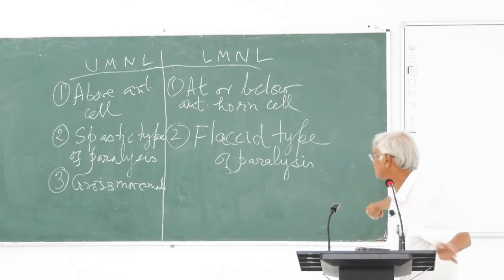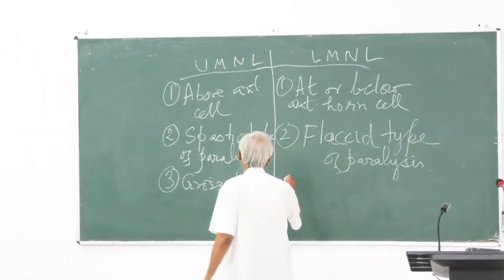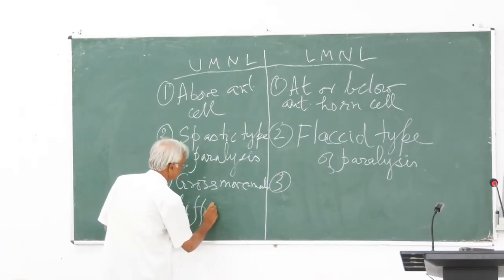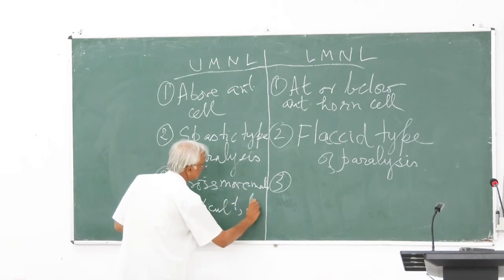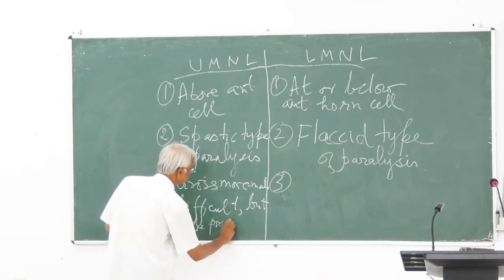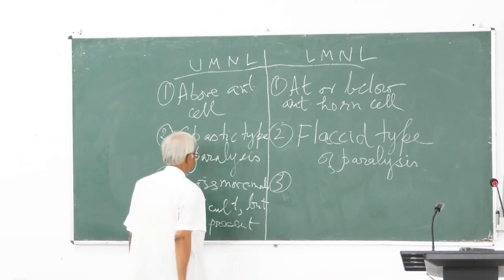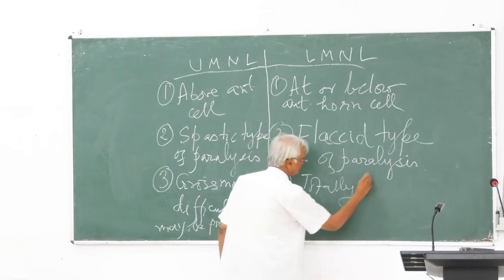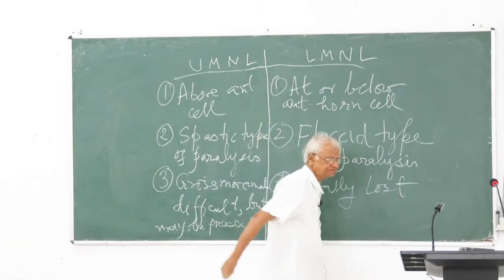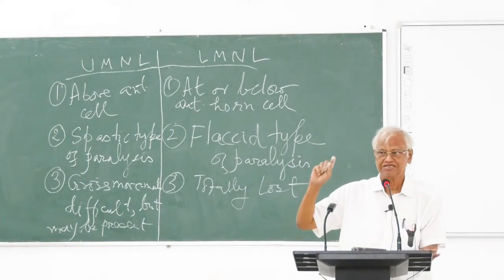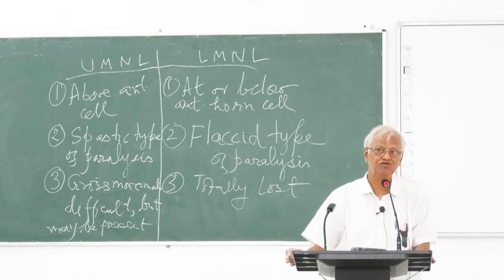In lower motor neuron, this is totally lost. That means the lesion is at the level of the anterior horn cell or below that.